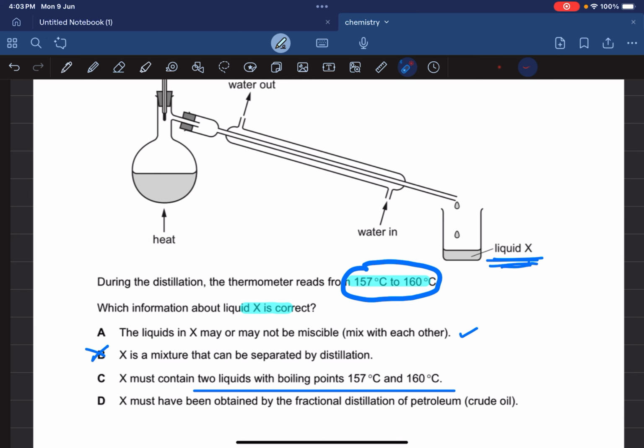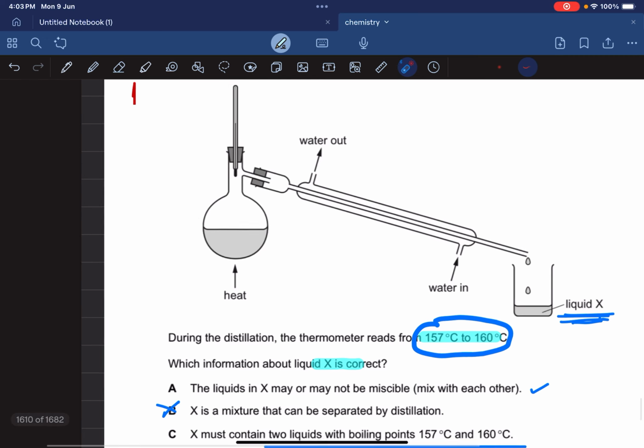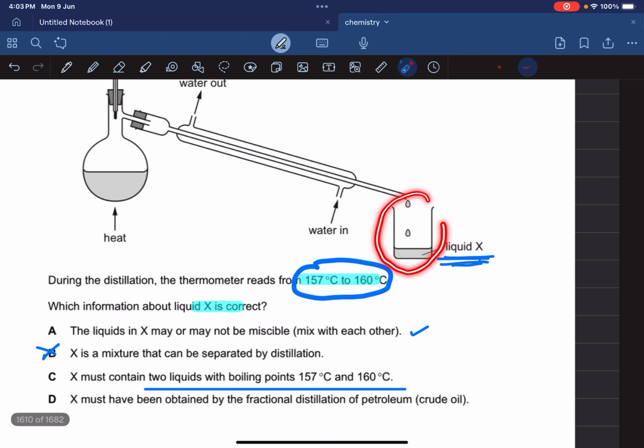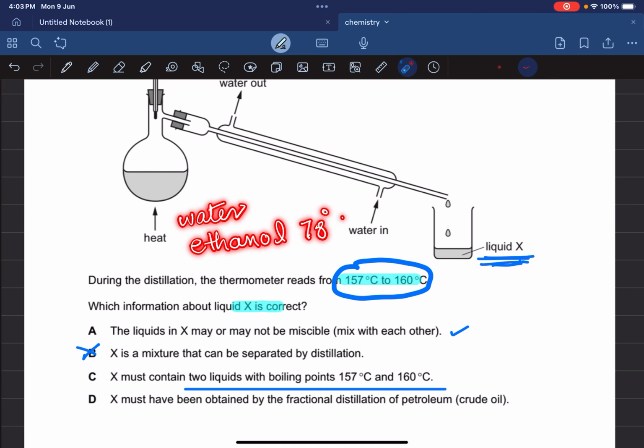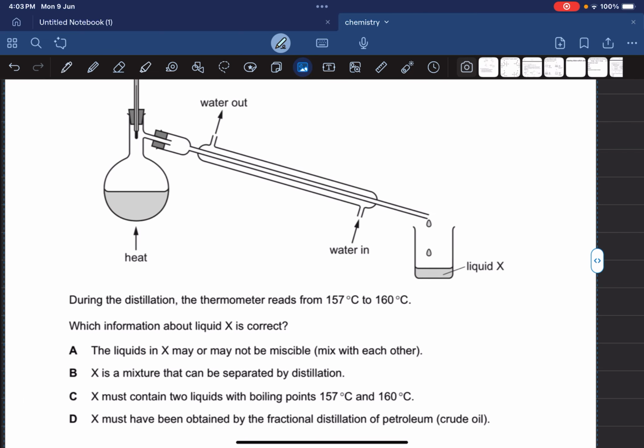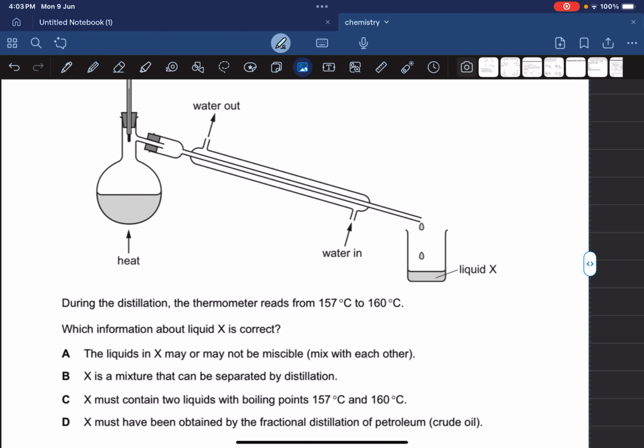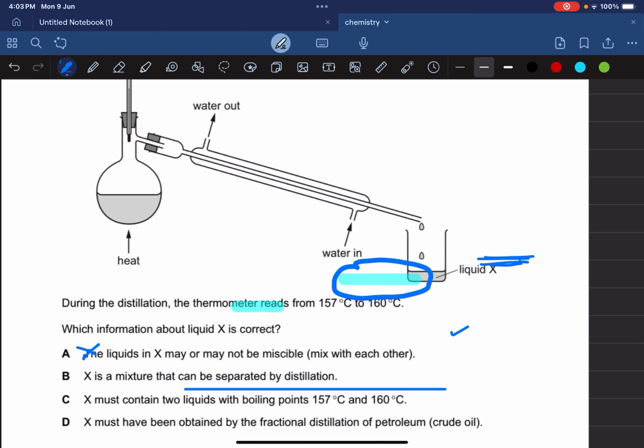Look, in distillation, in your receiver, you get a substance that has a fixed boiling point. For instance, just consider I have a mixture of water and ethanol, okay? My ethanol has a boiling point of 78 degrees Celsius, so my ethanol is going to distill over first into this receiver.